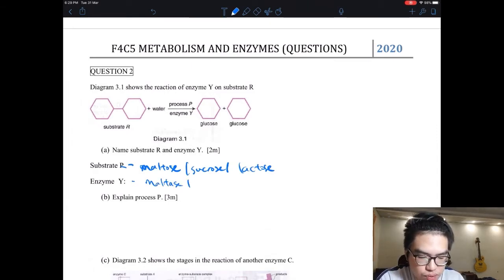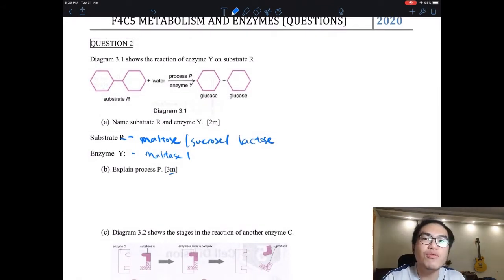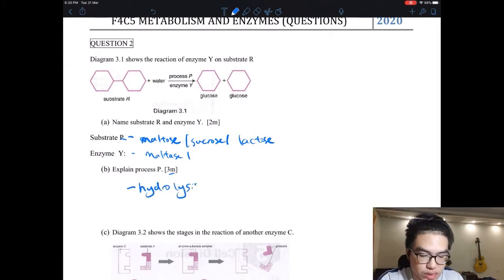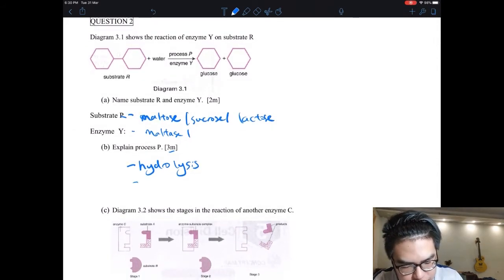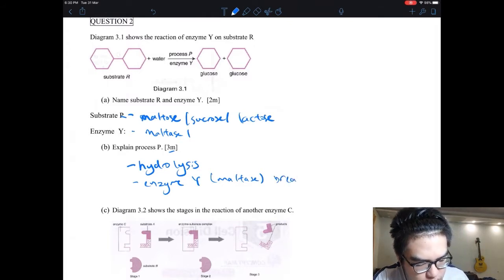Explain process P, 3 marks. First, name what process P is. The breaking down is called hydrolysis. So enzyme Y, or in this case you can say maltase, will break down substrate R, which in this case is maltose.